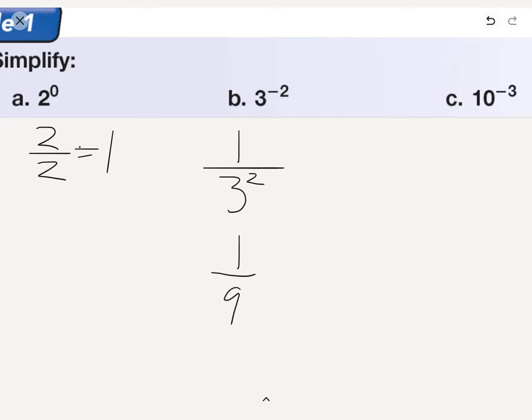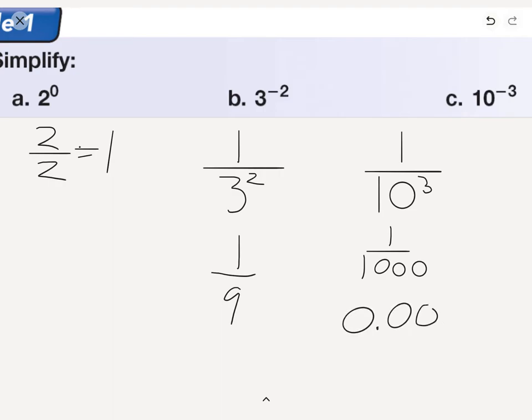We would express C as 1 over 10 to the power of 3, which would be indeed 1/1000th, or you could, of course, phrase this as 1/1000th. So either way.